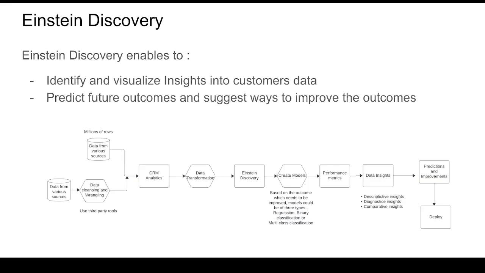Once we get good data quality, and the predictions and improvement areas are right and predicting correctly, then we can deploy this model. Post that, these predictions and improvements can be embedded into your Lightning record pages, in Experience Cloud, or in Flow Builder.